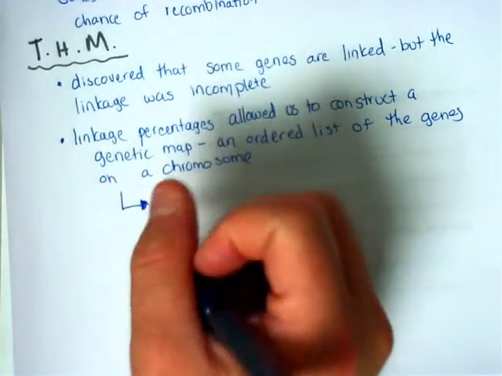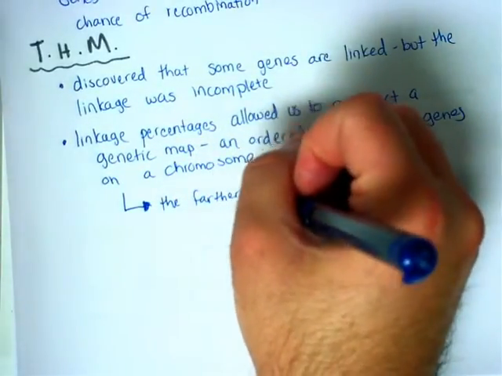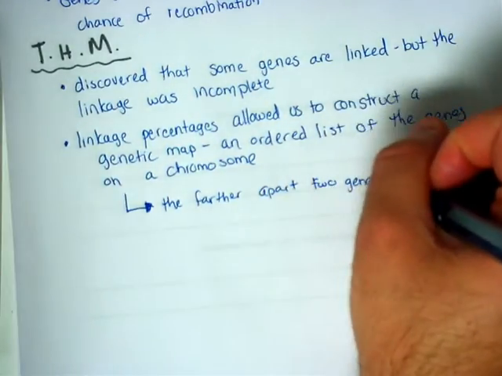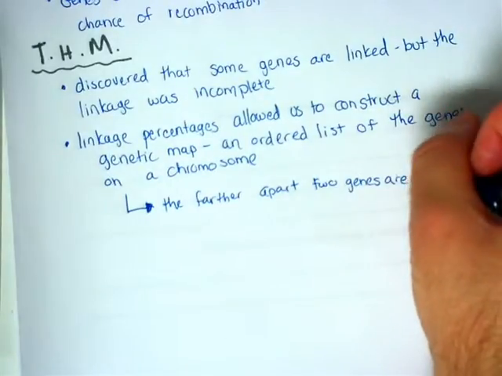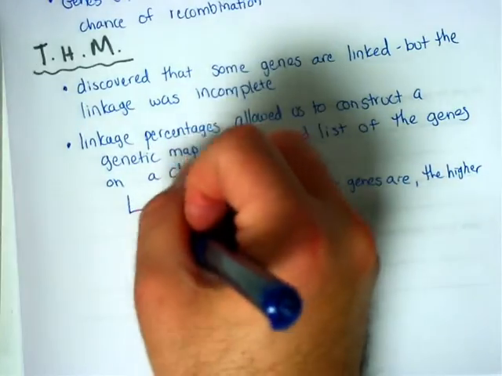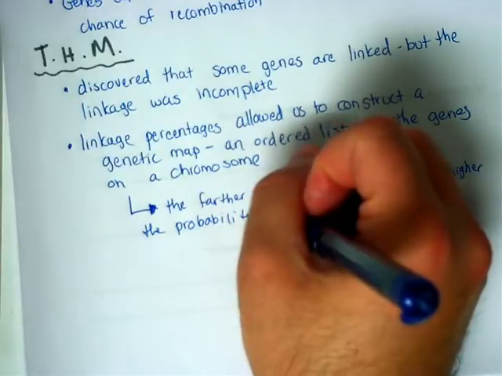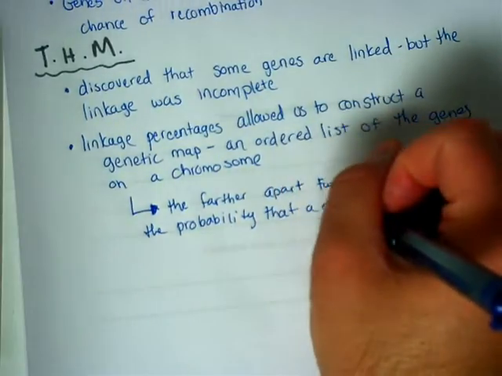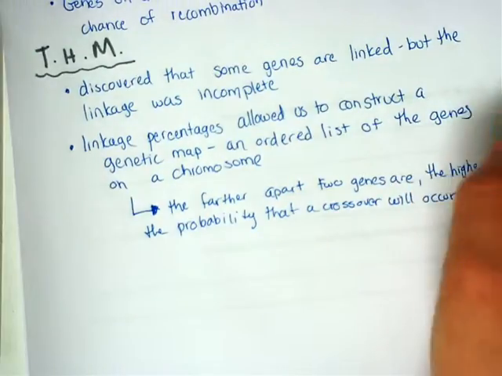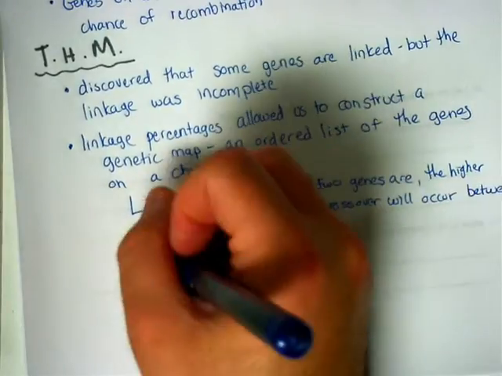And the theory is that the farther apart two genes are, the higher the probability that a crossover will occur between them.